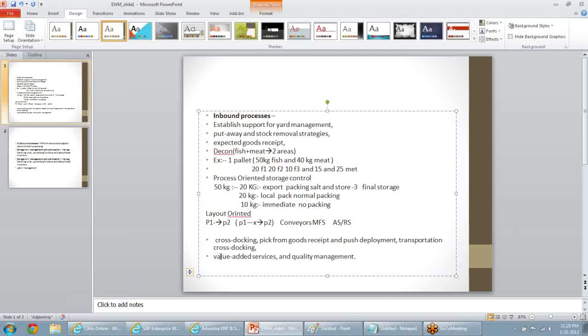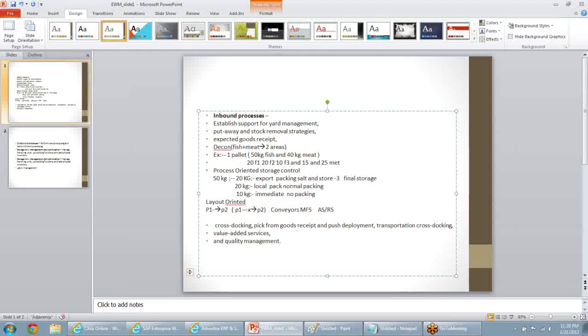And apart from that, my WMS system should support value-added services. What are value-added services? Kitting is one of the value-added services. So what is kitting in a warehouse? It's like an assembly, exactly like assembling.